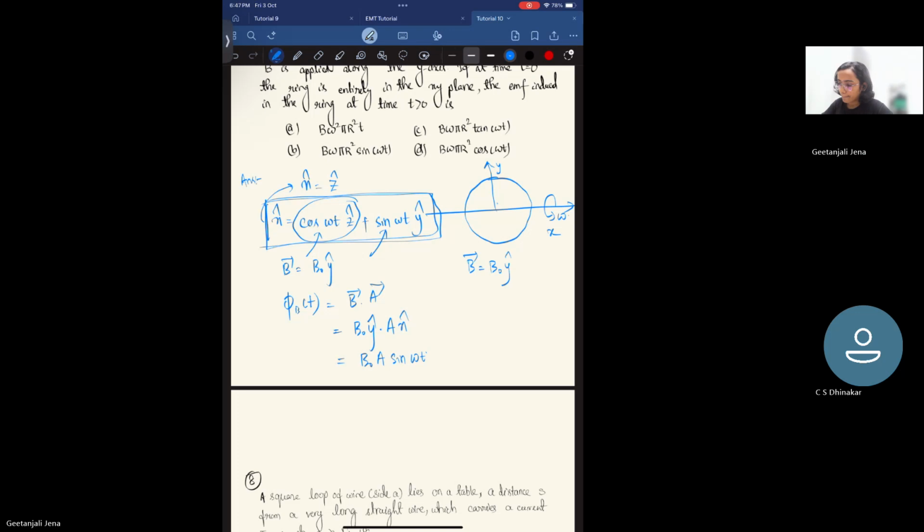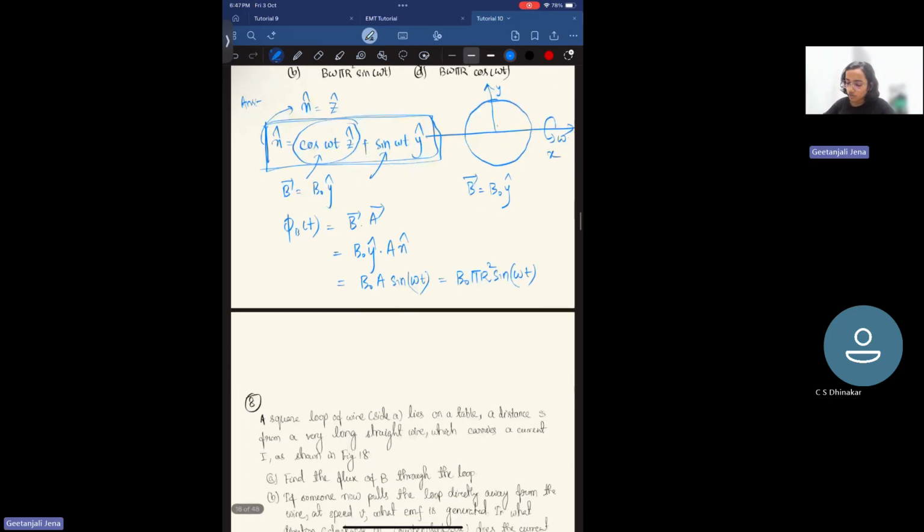The area of this circle is π R². So the induced EMF is the negative of dΦ/dt, which is d/dt of B0 π R² sin ωt, giving minus B0 π R² ω cos ωt. The negative sign only indicates that it opposes the flux.